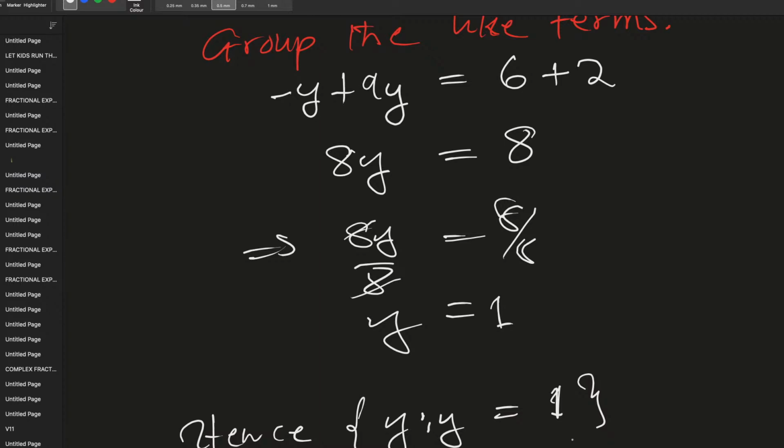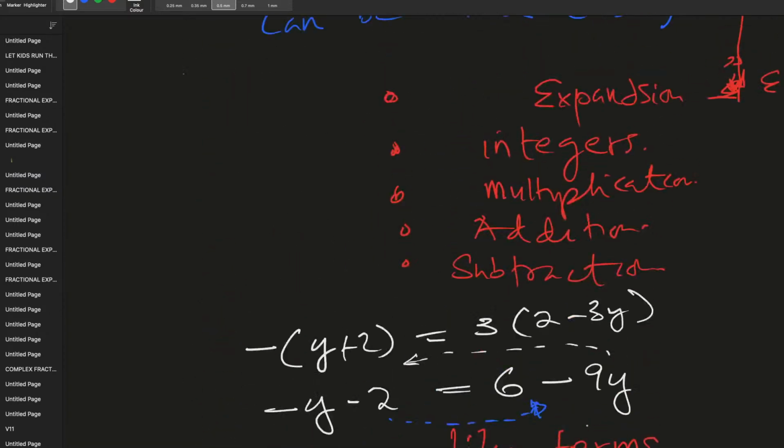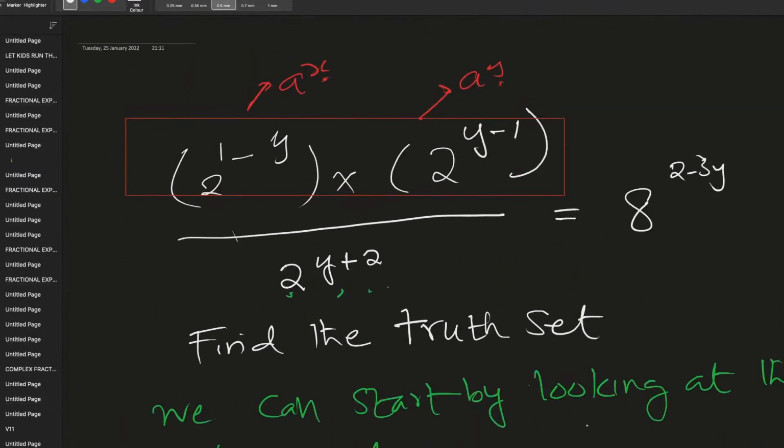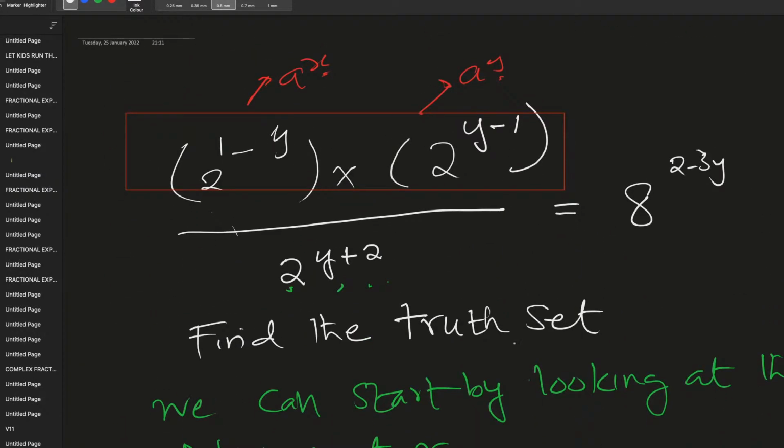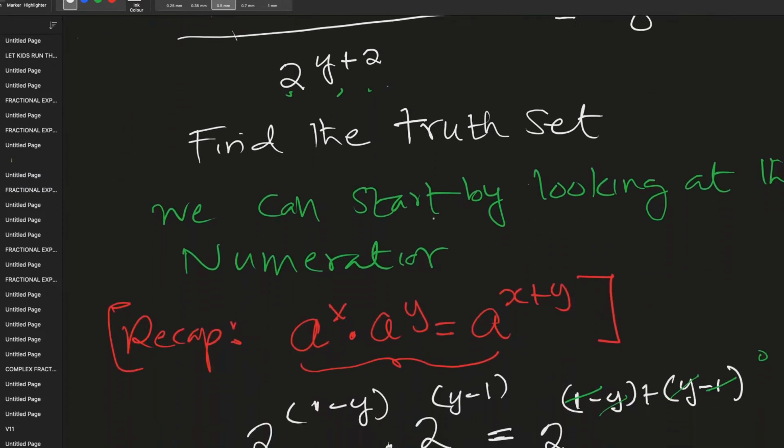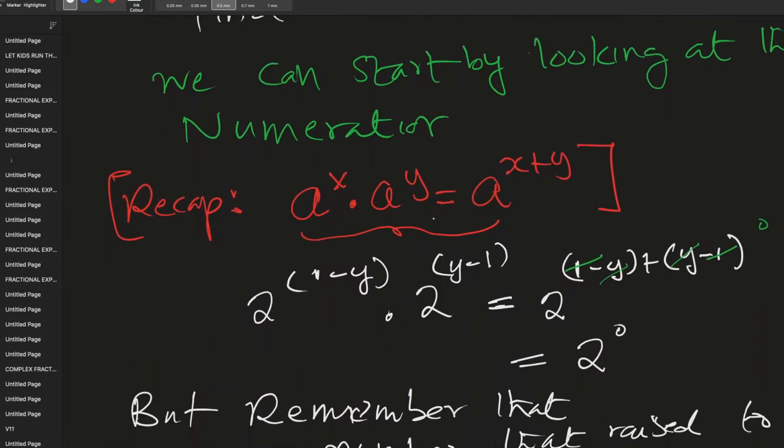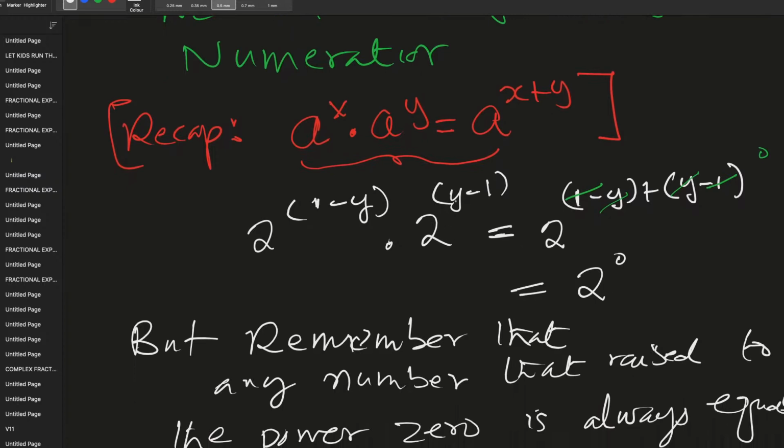Now let's go up there and scan through quickly to see how we started. This is the question given, and we decided to concentrate on the numerator. We started by looking at the numerator, then we recapped. Here is the power x times here is the power y. This is the property of indices. We multiply the 2 because of the property of addition.